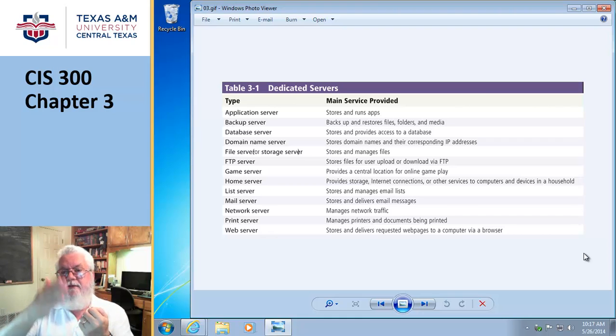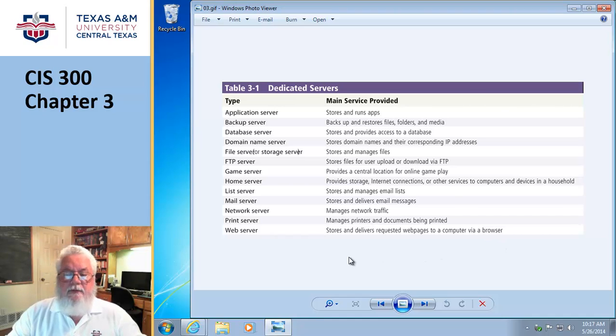So there may be a significant difference between how this server is configured versus that server. And this cool little table here talks about backup, and database, and domain, and file transfers, and game, and home, and list, lots and lots of stuff.